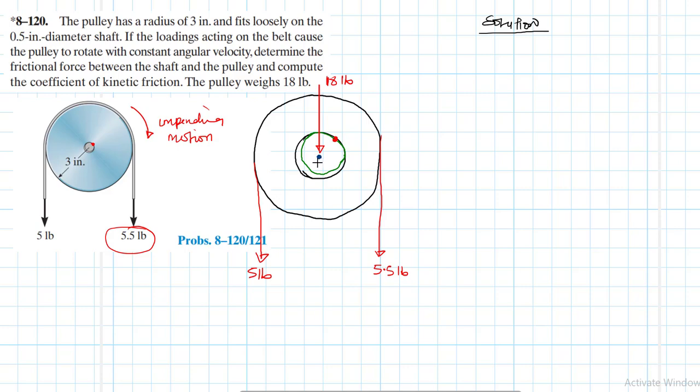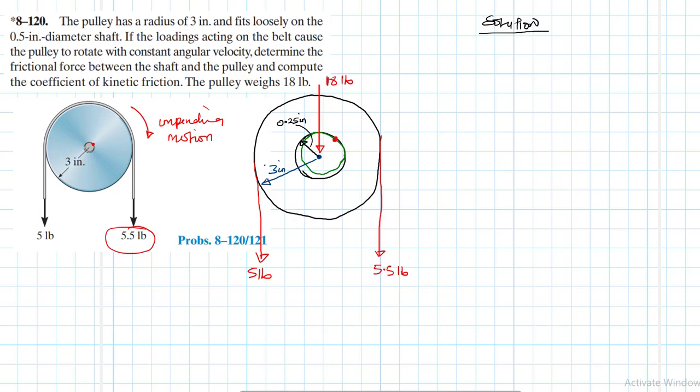For the pulley, the radius is 3 inches, and the radius for the shaft, let me indicate it, the other side, that's half of 0.5, so this is 0.25 inches.